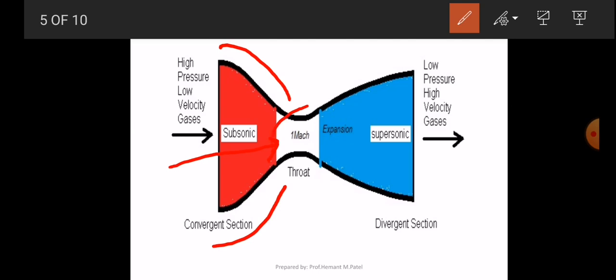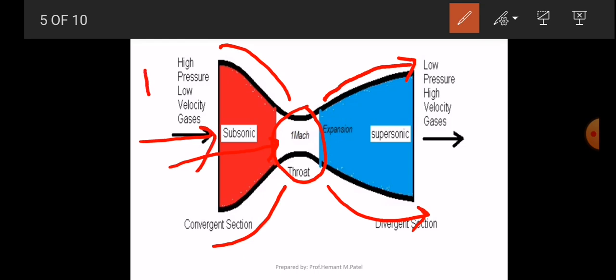This is the throat, and after that the divergent section, where the cross sectional area will increase. From the entrance we introduce high pressure low velocity gases into the nozzle, and after the conversion we get low pressure high velocity gases. So velocity will be increased through the nozzle.